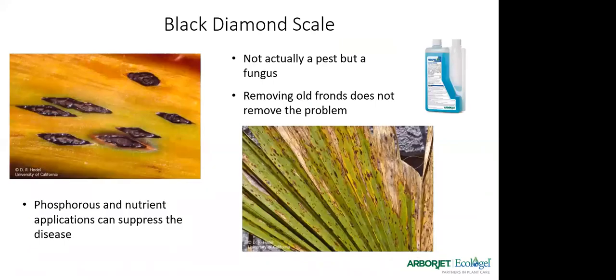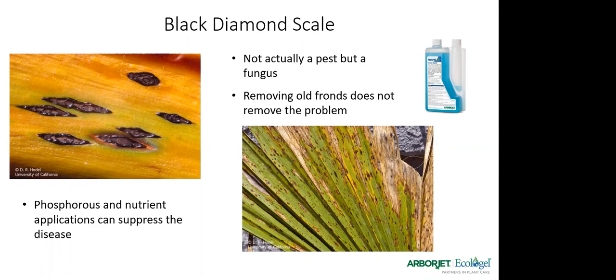Black diamond scale, now this one we can treat. So black diamond scale, unfortunately with its name, it makes people want to treat it with imidacloprid. It is not actually a scale, it just so happens to look like a scale, so they named it black diamond scale, but it's actually a fungal infection.